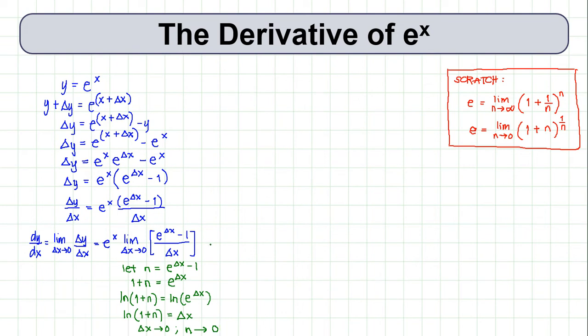So now, this is ready to be replaced. Okay? So, i-write na muna natin ulit, ha? Yung ating dy dx is now equal to e to the x, kopyahin ko lang muna, times the limit as n approaches 0. Pinalitan ko na yung ating limit, no? Tapos dito naman, ano ang lalabas dyan?